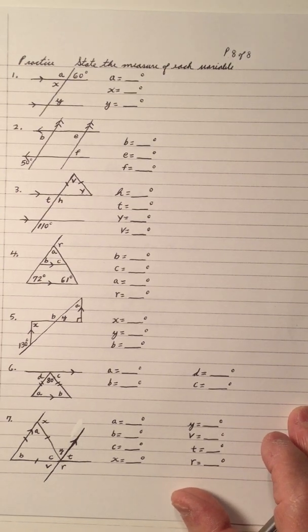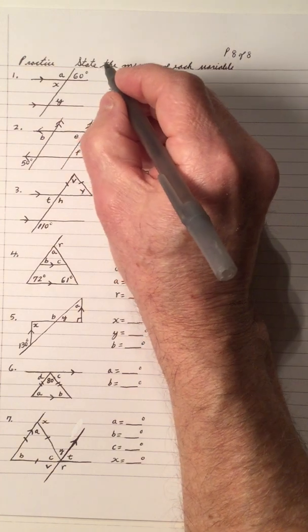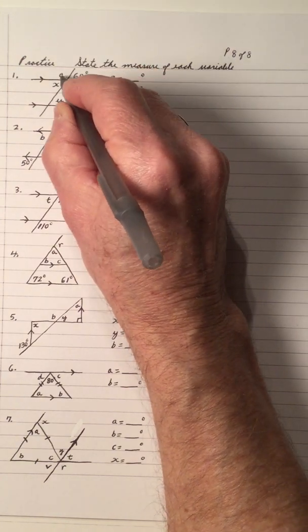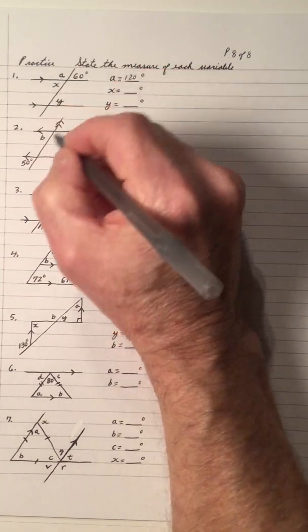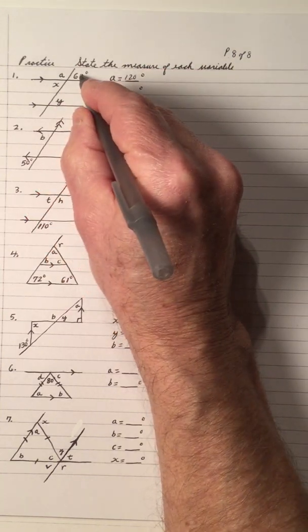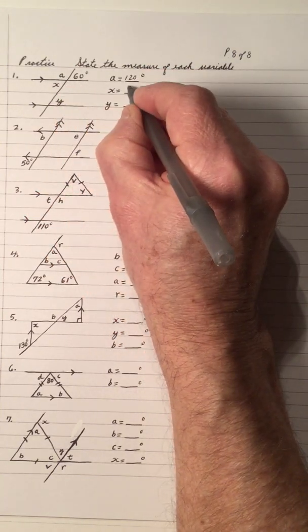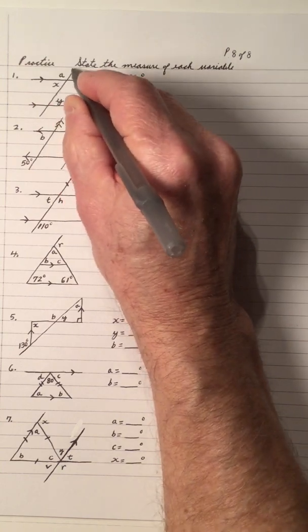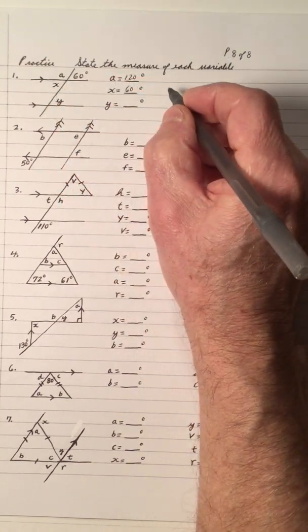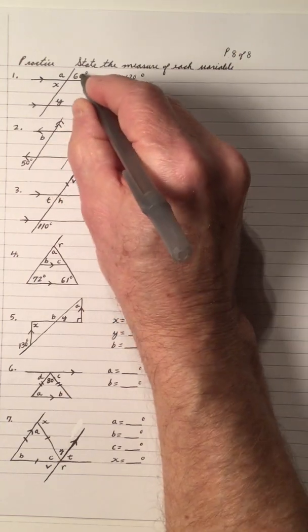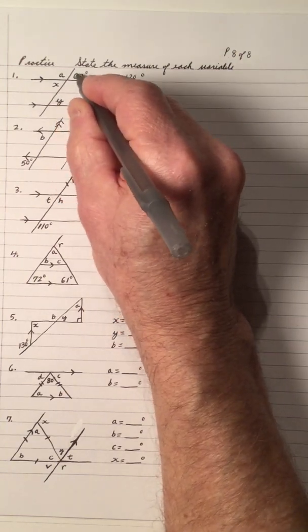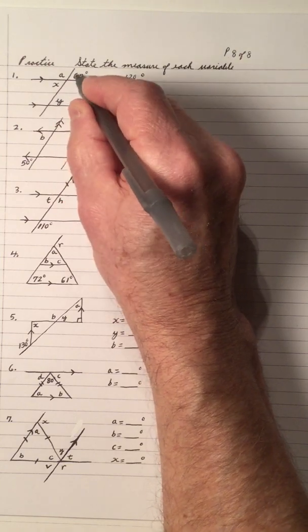Let's go through it. If that angle is 60, then that angle A is 120 because that's a straight angle. If that angle is 60, then X is 60 because vertically opposite angles are equal when two lines intersect. And angle Y is 60 because corresponding angles are equal.